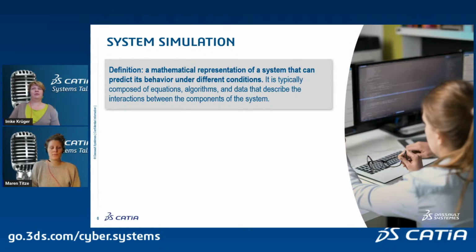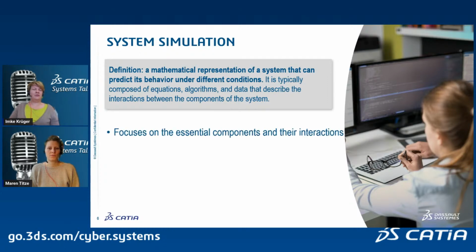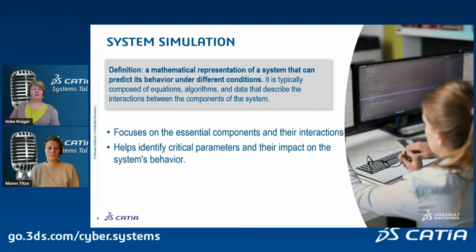Typically we have equations, algorithms, or data that describe the interactions between the components of a system, but also the behavior of the components themselves. System simulation focuses on the essential components and their interactions, so we leave out less important components in order to have faster simulations.